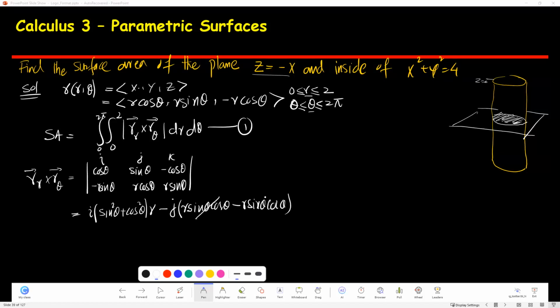So this guy cancels out this guy, and then plus k, cos square theta plus sine square theta, and then r. If I simplify it, this becomes 1, this becomes 1, and this is gone.